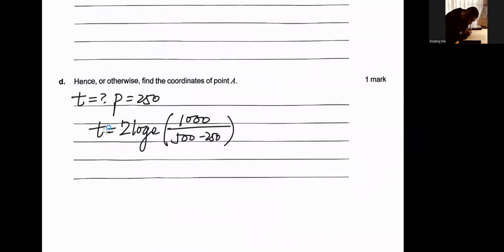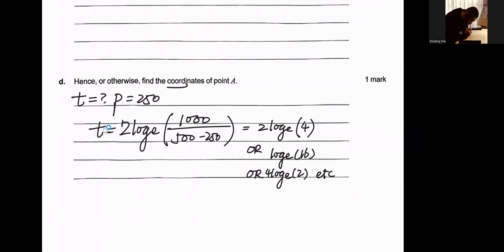Half of the maximum asymptotic population. So t equals 2 log e of 1,000 divided by (500 minus 250). So that actually gives me 2 log e of 1,000 divided by 250, that's 4. Or if you wish, you could write log e 16, or you could write 4 log e of 2, etc.